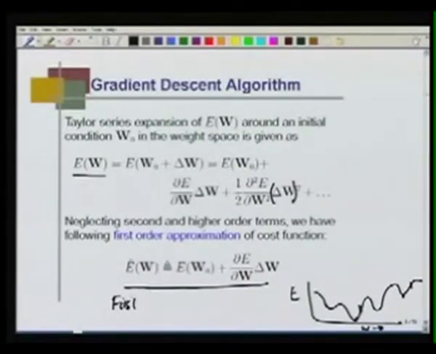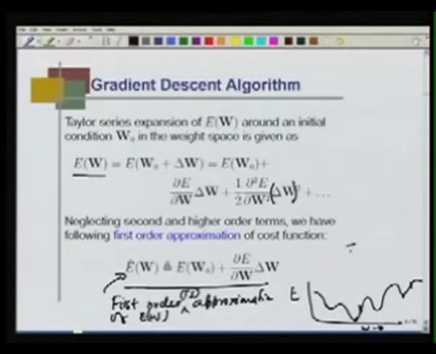So, this is the first order approximation of E(W). First order Taylor series expansion, TS is Taylor series.